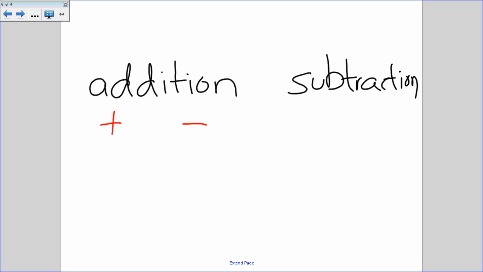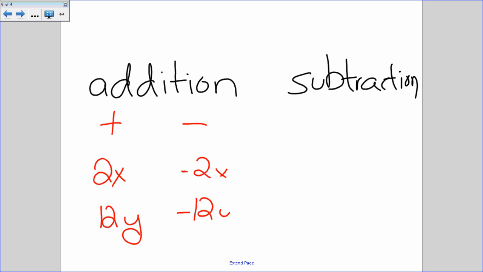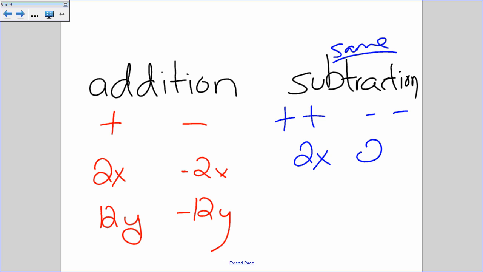So you're looking for something like 2x and a negative 2x, or 12y and a negative 12y. You'll know that you'll have to use subtraction when you have things that are the same. So a positive and a positive, or a negative and a negative, like a 2x and a 2x, or a negative 7y and a negative 7y.